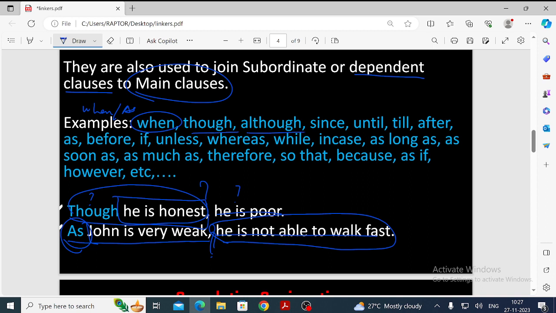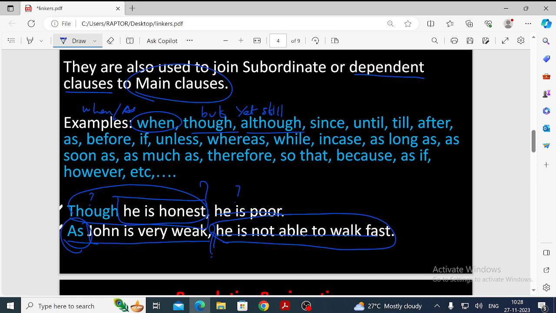And the next most important thing, 'though', 'although'. Though, although are very relevant to the coordinate conjunctions we have discussed, right? What are the coordinate conjunctions, my dear? But, yet, still, right? Say yes or no? Same meaning here for though and although. He practiced well, but he was not selected in the team. If it is a subordinate conjunction, there we have to use the word 'though': though he practiced well, he was not selected in the team.